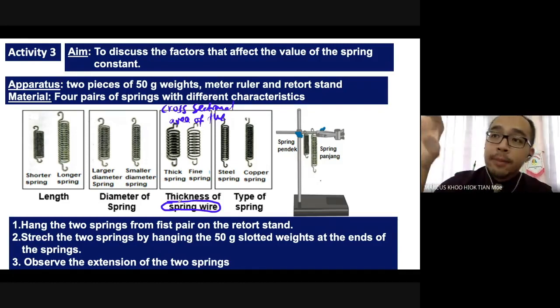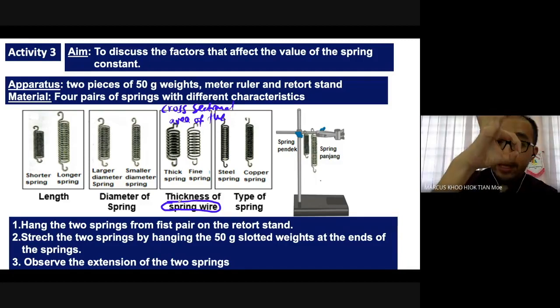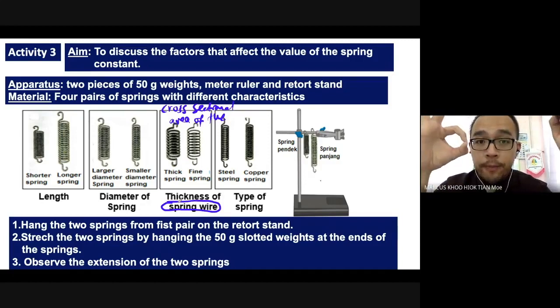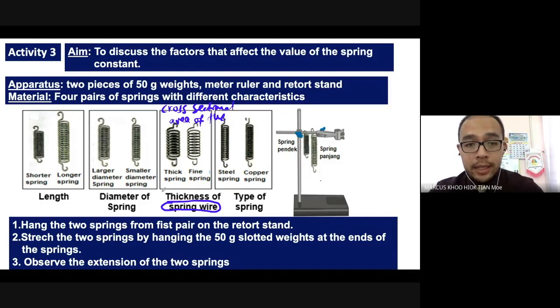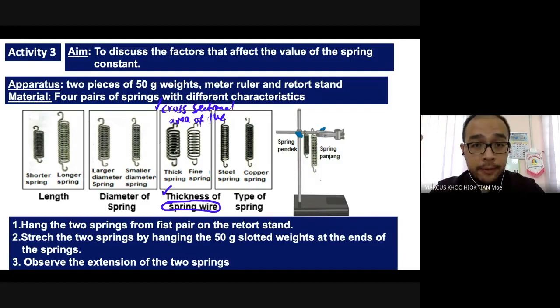Sama ada dia punya lebar adalah besar atau dia punya lebar adalah kecil. If the wire is big, then the cross-sectional area is big. It's thicker spring wire. So certain books will give you this word. Ada setengah buku akan cakap thickness. Our note say thickness lah, bahkan D ya. D is thickness. Tapi some books will say cross-sectional area. But it means the same thing.